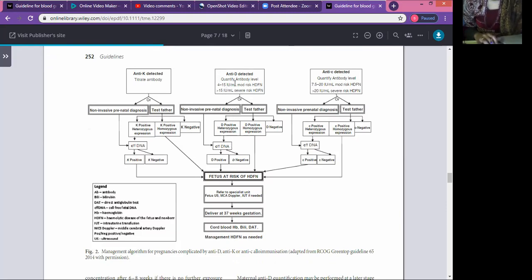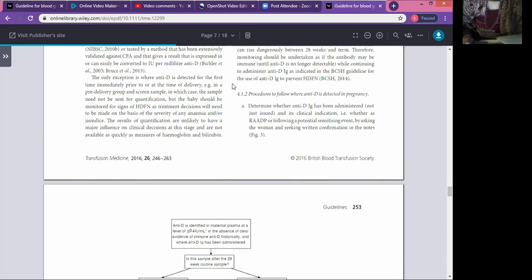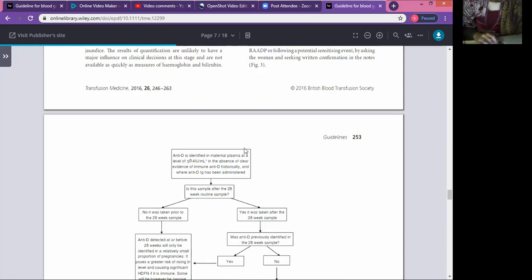Of course, one such clue in the history would be whether an anti-D had been administered to that patient. If the anti-D is identified in maternal plasma, then we need to take into account whether an anti-D had been administered, and also whether its level is less than or more than 0.4. If it is less than or equal to 0.4, and if an anti-D had been administered, then this is more likely to be a passive anti-D.